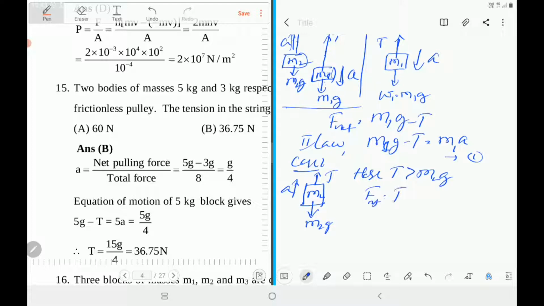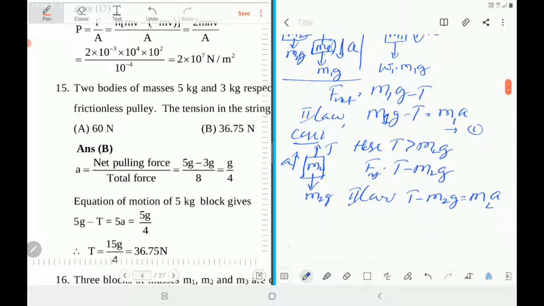Net force in this case is tension minus m2g. What is the second law? Net force T minus m2g must be equal to mass times acceleration. Now the mass is m2. Okay. We'll solve for T. T equals m2g plus m2a. You may call this equation 2.